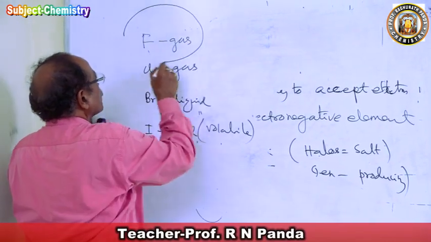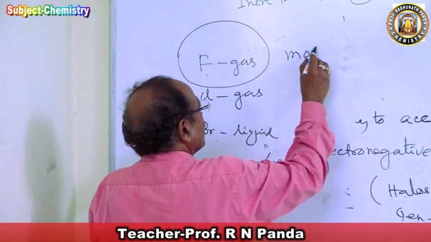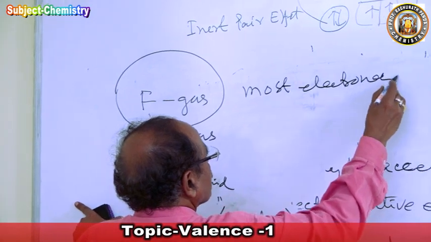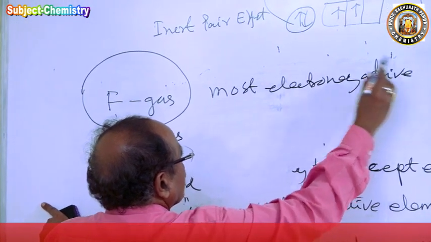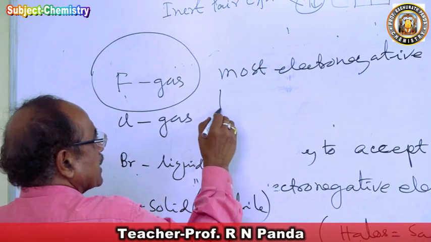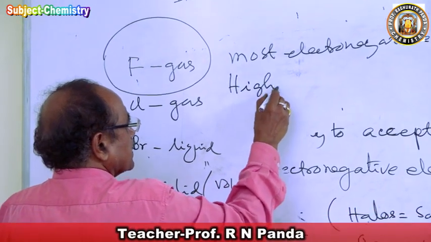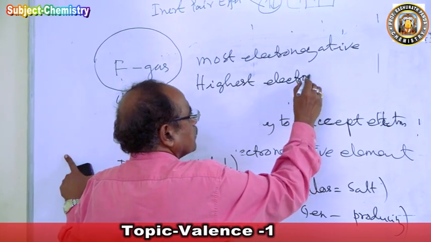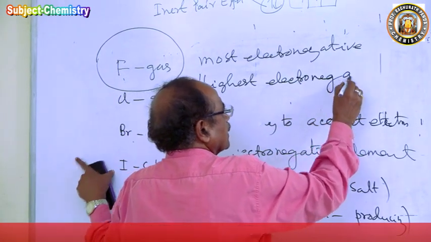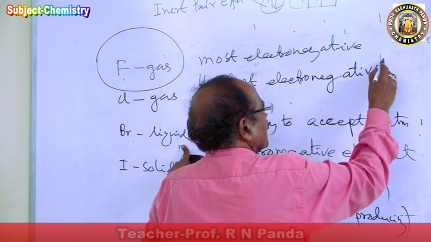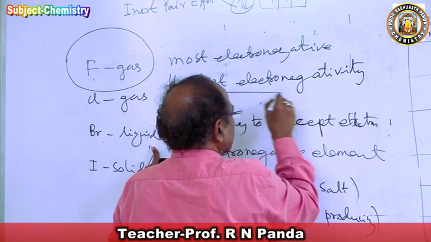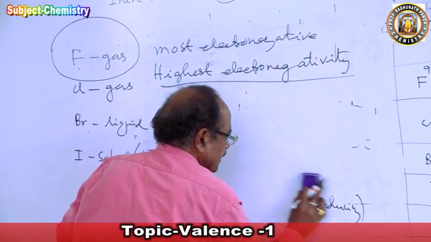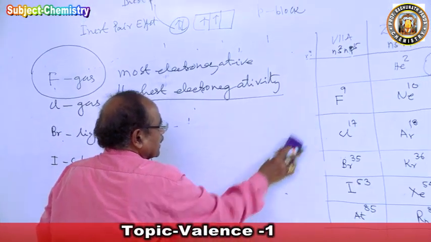Fluorine is the most electronegative element. If somebody asks a question on the most electronegative element, it is fluorine, which has the highest electronegativity.